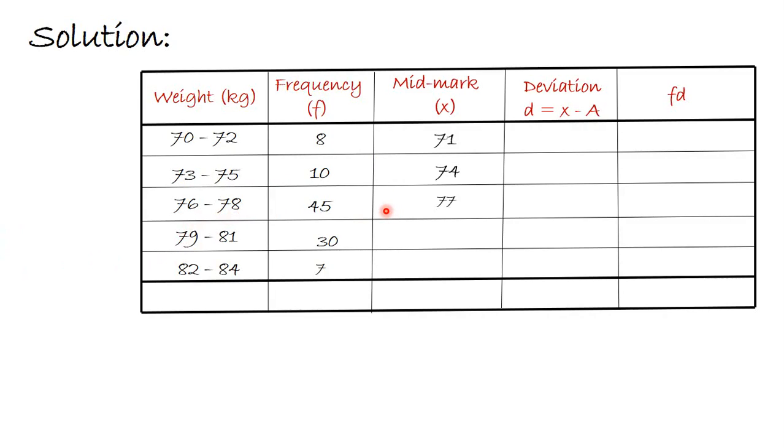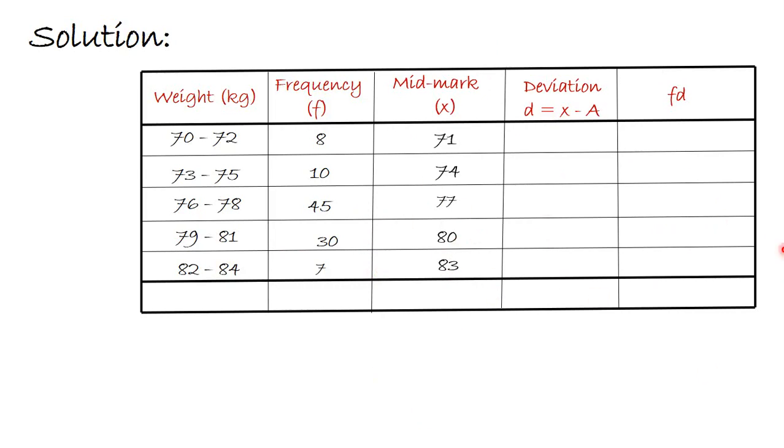That is 77. And then we have 79 plus 81 divided by 2. That is 80. Then we have 82 plus 84 divided by 2. That is 83. So we have the mid-marks there.